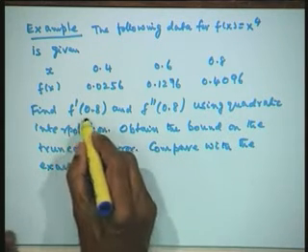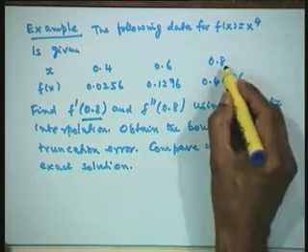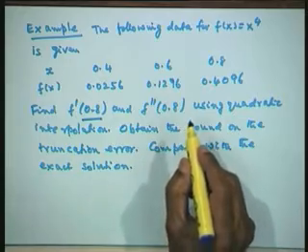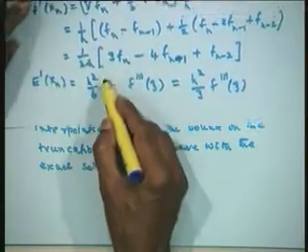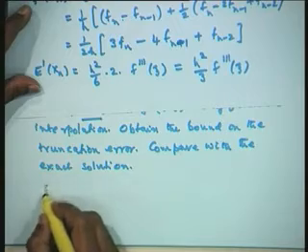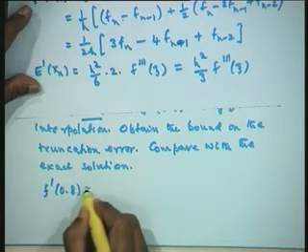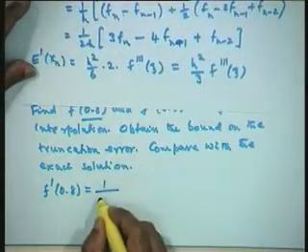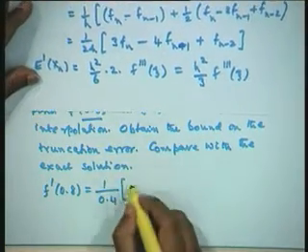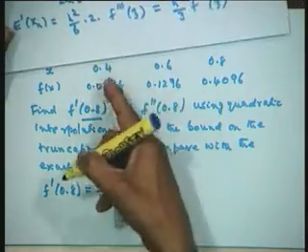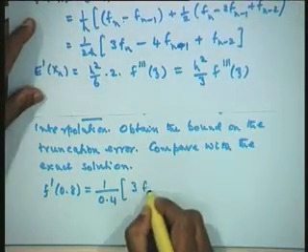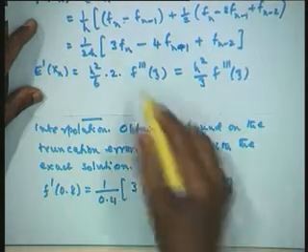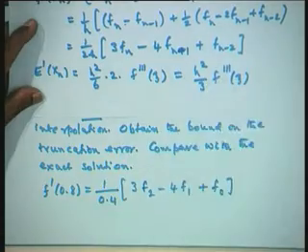Now, we are asked to find the derivative at 0.8. 0.8 is the last point of the data, therefore, I need to use the backward differences. That is the formula that we have just now derived. I must use this formula to find the derivative at the last point. That means f dash at 0.8 is 1 upon 2h, the step length given to us is 0.2, so that is 0.4, times 3 f 2 minus 4 f 1 plus f 0.